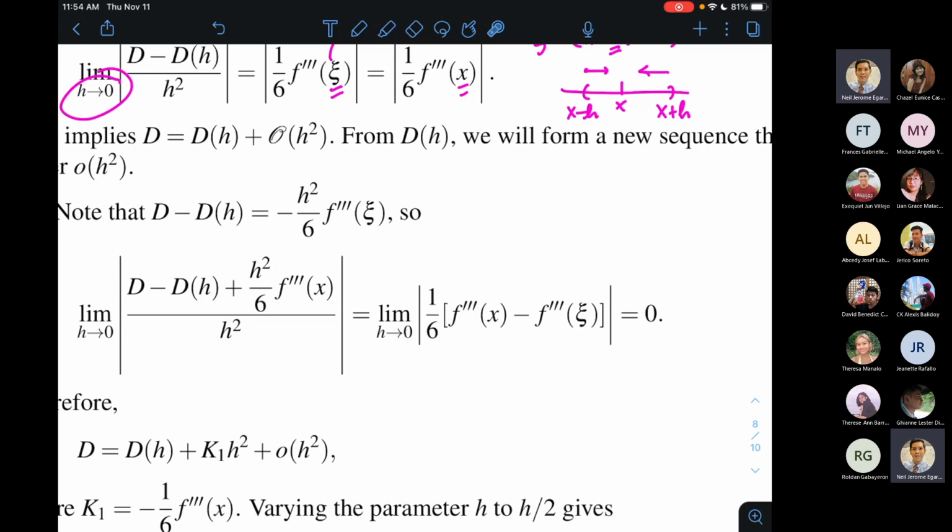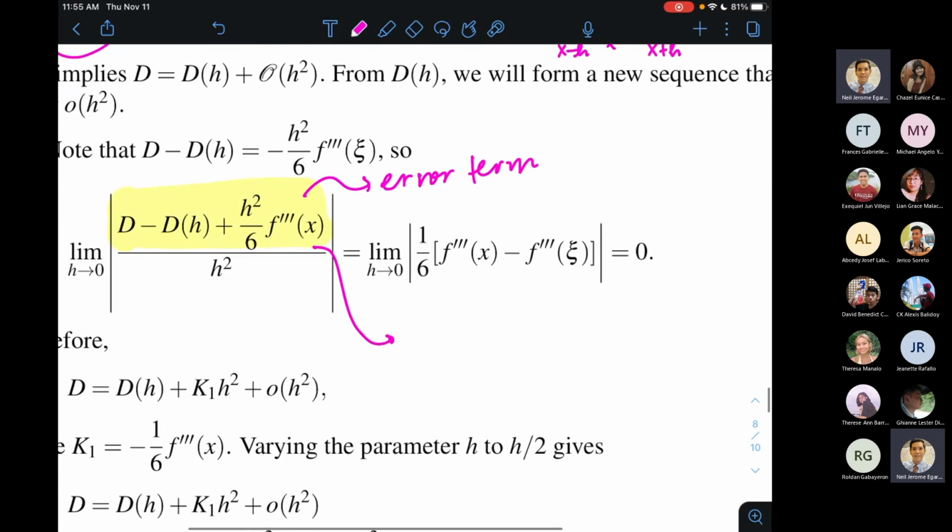To have a small o formula, remember the numerator here represents the error term. The error term of the differentiation formula that we will develop should be equal to D minus D of h plus h squared over 6 f triple prime of x. So this is what I want to be my error term, all right?